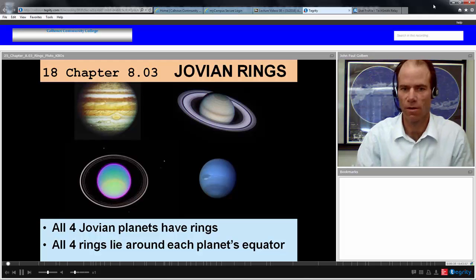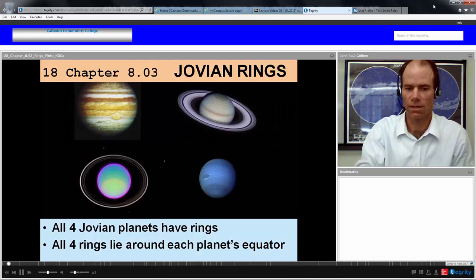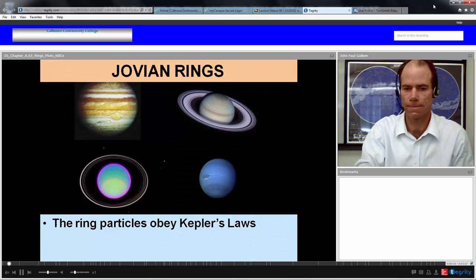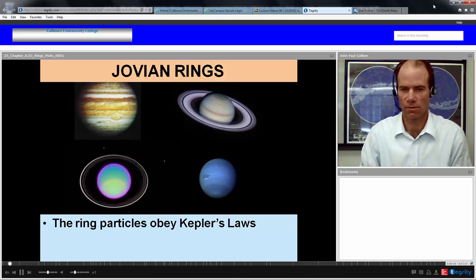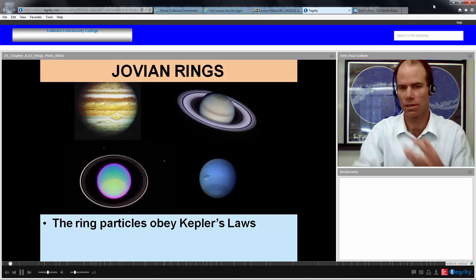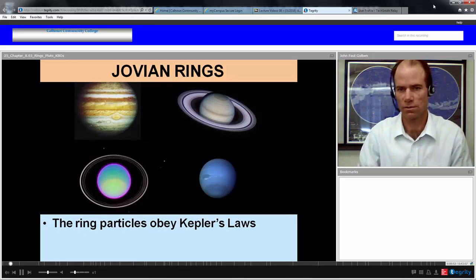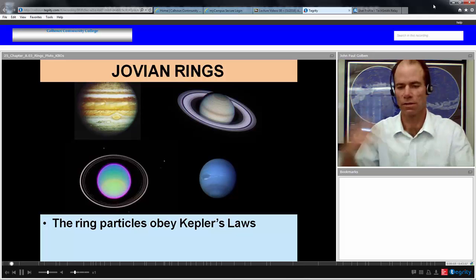So they all have this in common, as well as the ring particles obey Kepler's laws, which means that there's a relationship between the time period squared to the distance of the particles cubed from the planet. So they follow an elliptical orbit, so they obey Kepler's laws.